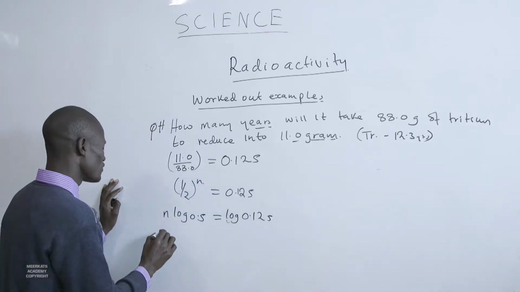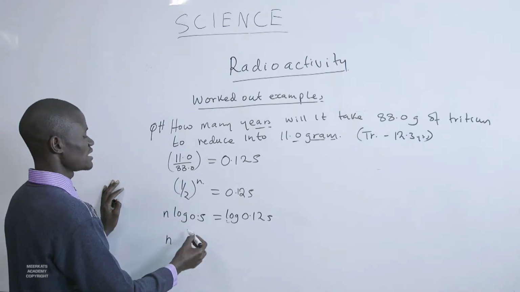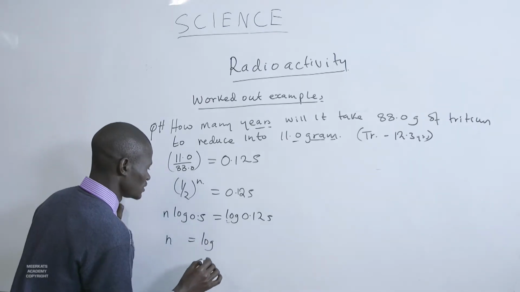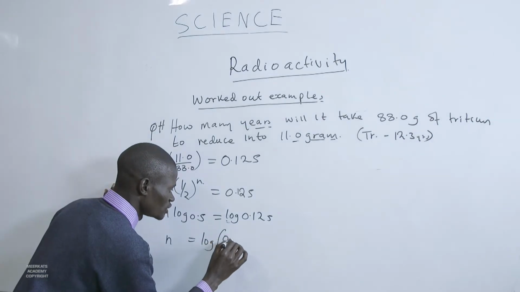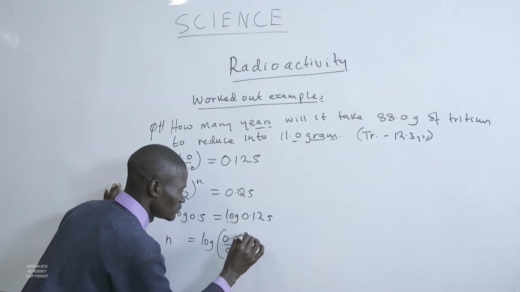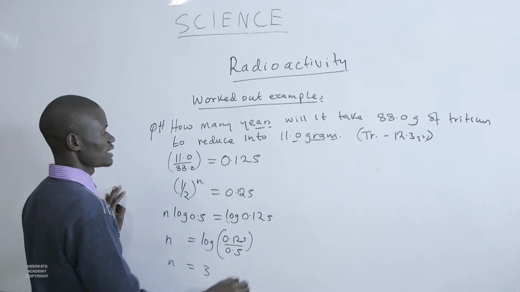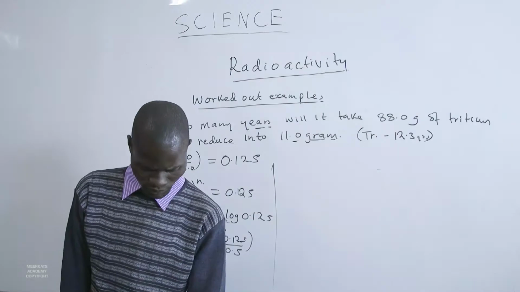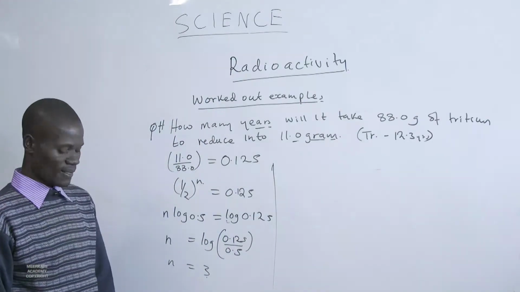Then we have to find the number of half-lives n by dividing, that is log 0.125 divided by log 0.5. Then our n will be equal to 3 if we work it out.